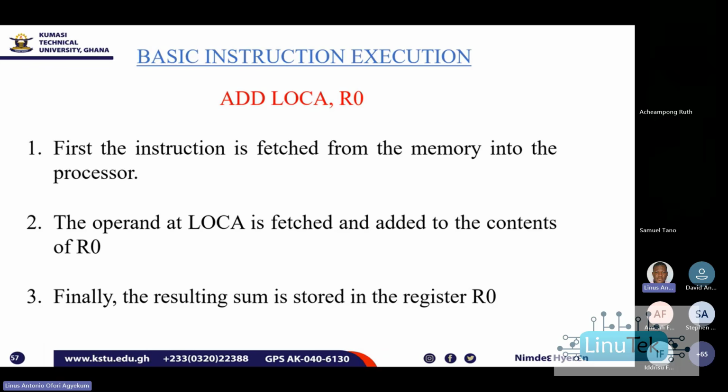And then the register is basically a temporary location that would store the results. So this is how, at the basic level, machines would normally execute instructions. And this has been illustrated using a simple assembly language code. Any question?